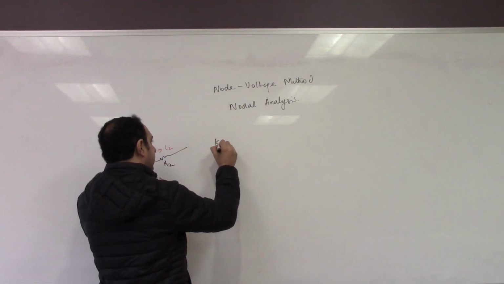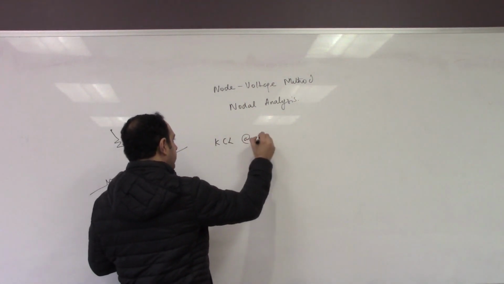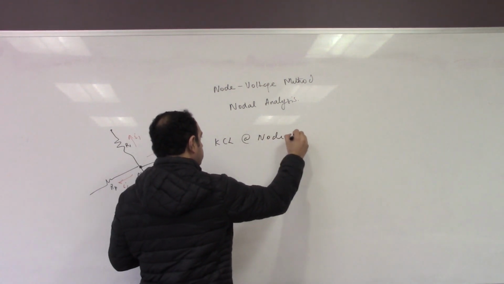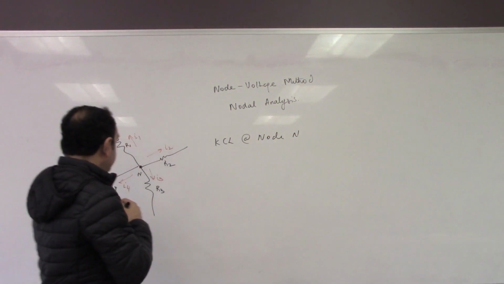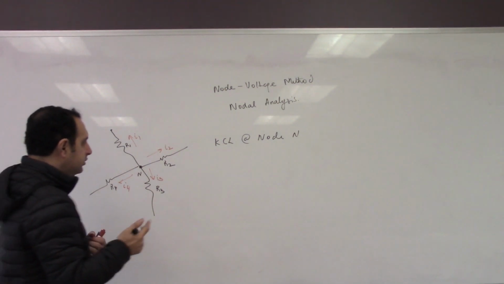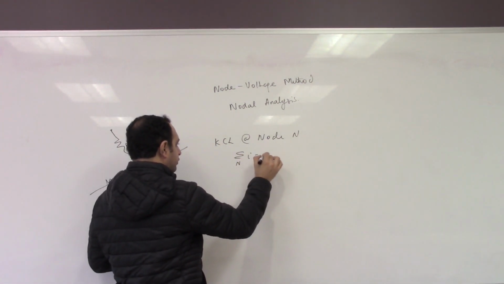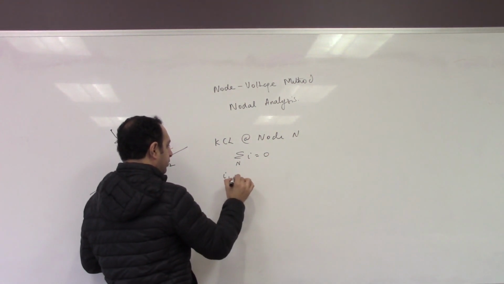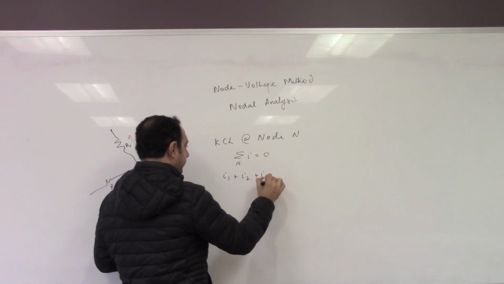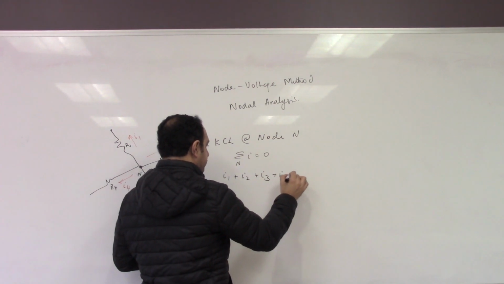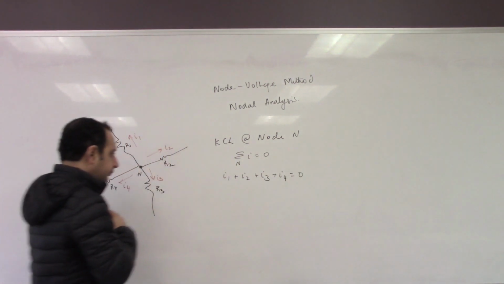If I do KCL at node N, since all of them are leaving currents, I can say the sum of I at node N is equal to 0, which is I1 plus I2 plus I3 plus I4 equals 0.